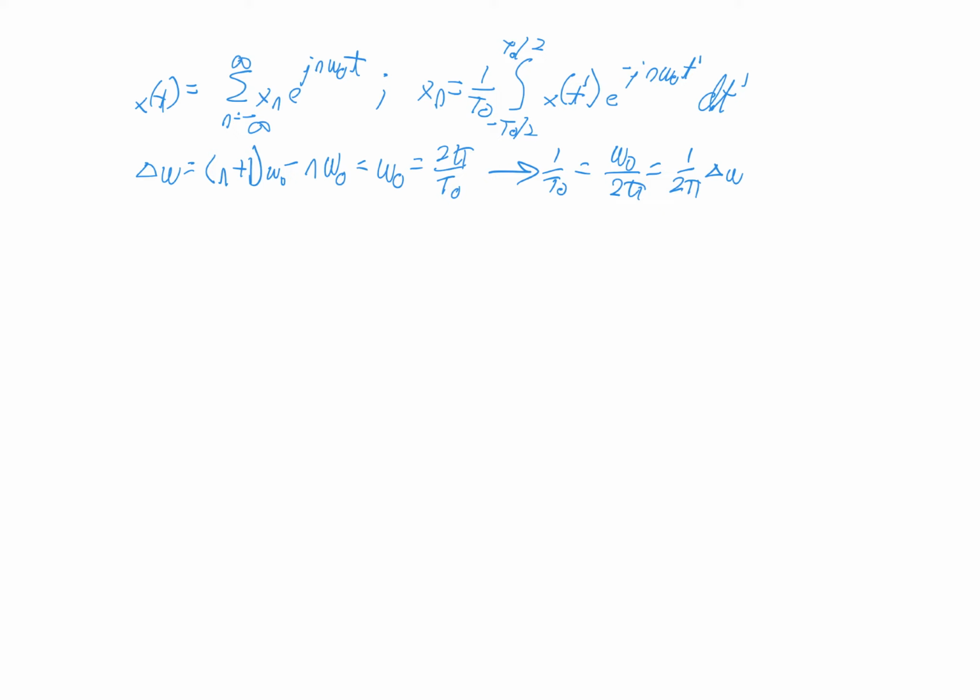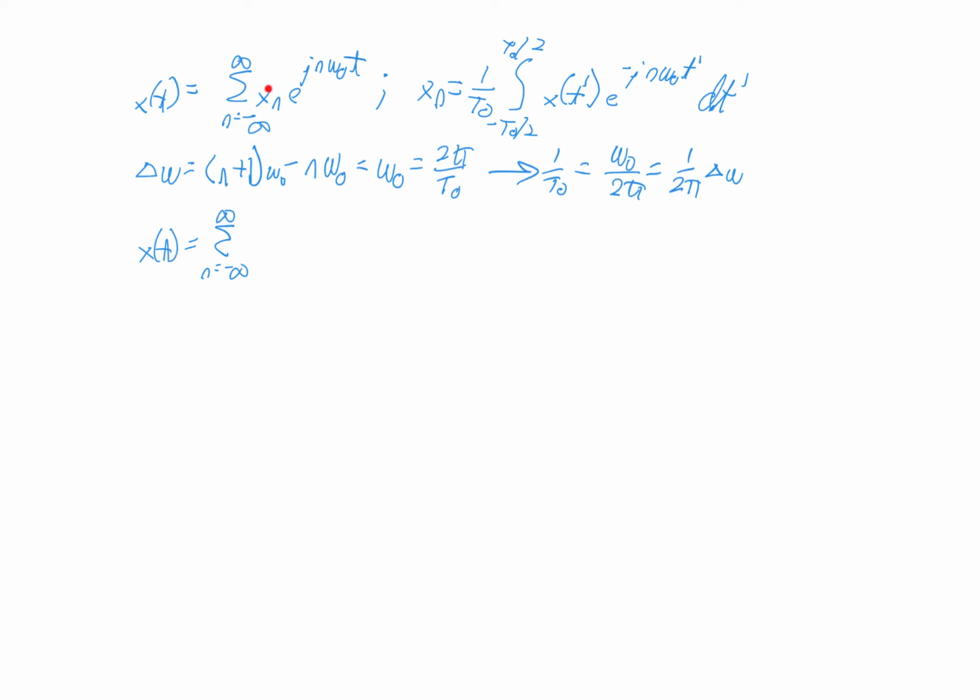So now I take the original formula for x of t, the periodic signal, and it's going to be a sum over all n frequencies, infinite n. But now for the coefficient x sub n, I am going to substitute in the above formula.